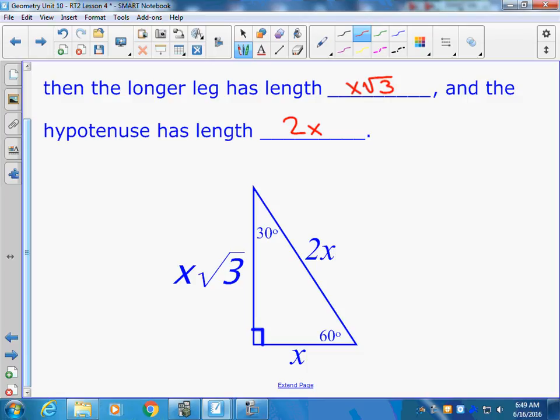And the one thing I'm always going to talk about is building the reference triangle. The reference triangle, the most basic 30, 60, 90 that you can build, has a short leg of 1. That means that the long leg is square root of 3, and the hypotenuse is 2.